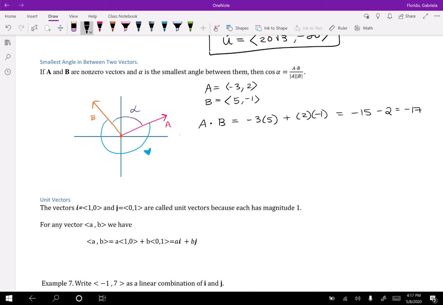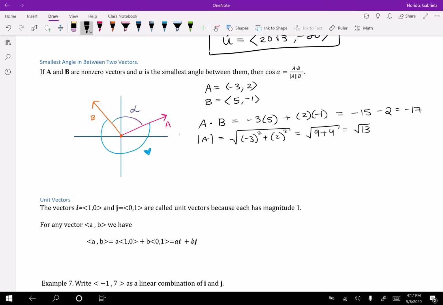Now we also have to find the absolute value, or the magnitude of A. So that's going to be the square root of x squared plus y squared, so negative 3 squared plus 2 squared, which is going to equal the square root of 9 plus 4, which is equal to the square root of 13.